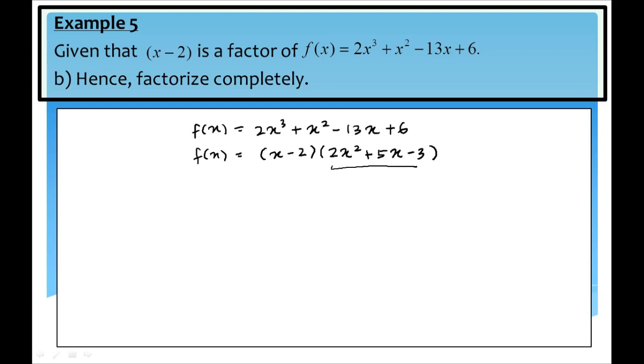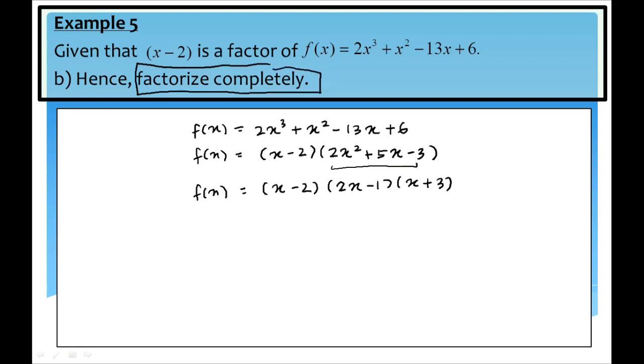So this one, if we use our calculator, we will get x minus 2, 2x minus 1, and another one is x plus 3, because our question is factorize completely. So we need to write our answer like this.